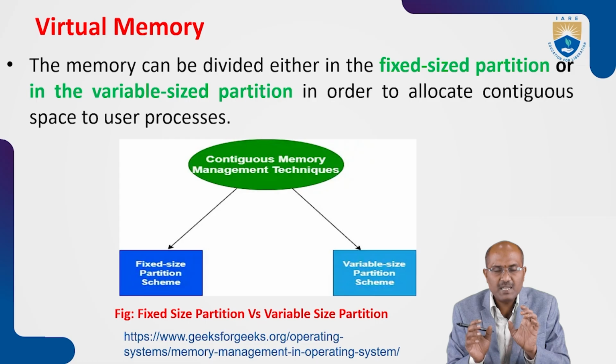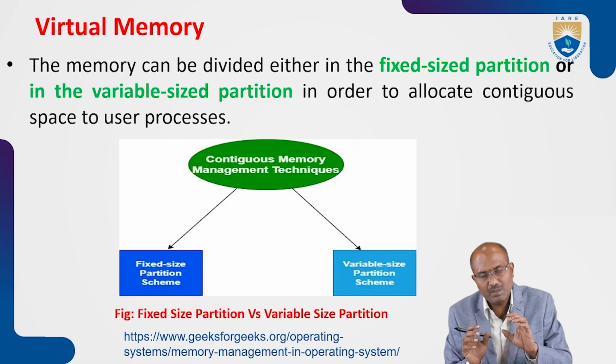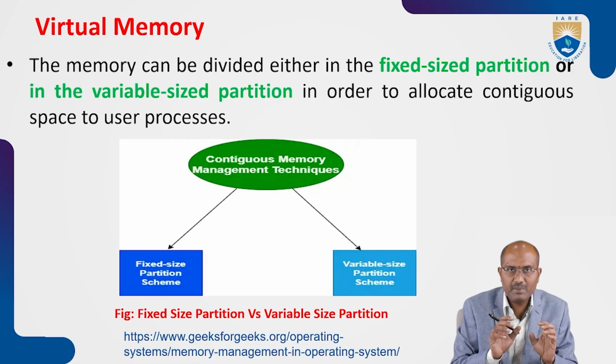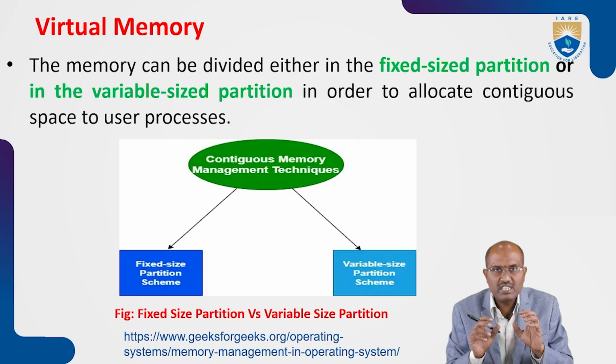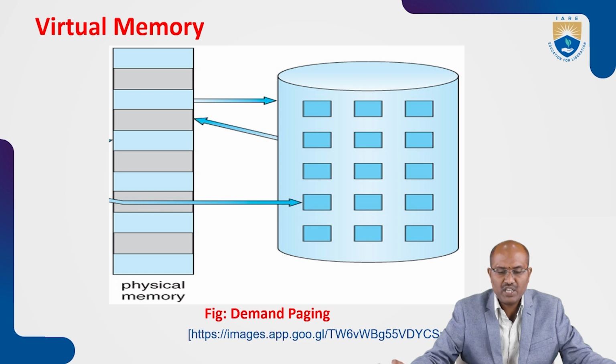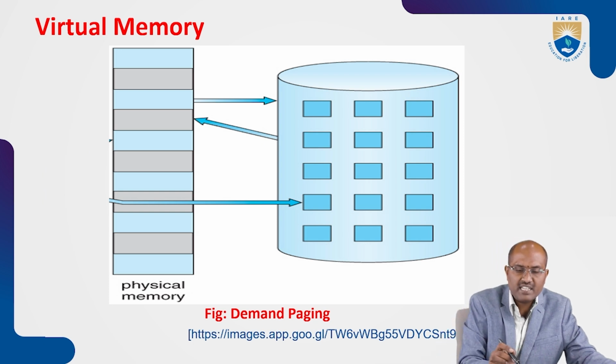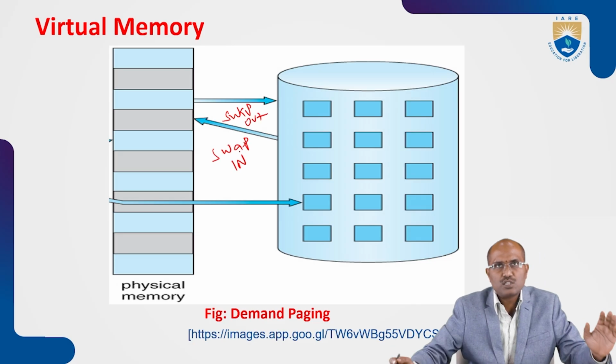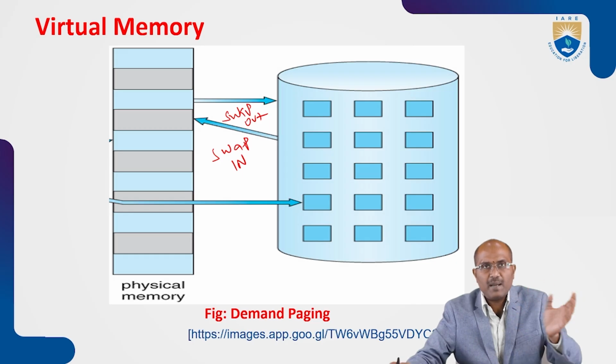Mainly the page is replaced from the secondary memory to main memory and main memory to secondary memory through demand paging. When the page is no longer required, it is swapped out, and when the page is required from secondary memory, it is swapped in. Thus two techniques perform the demand paging.